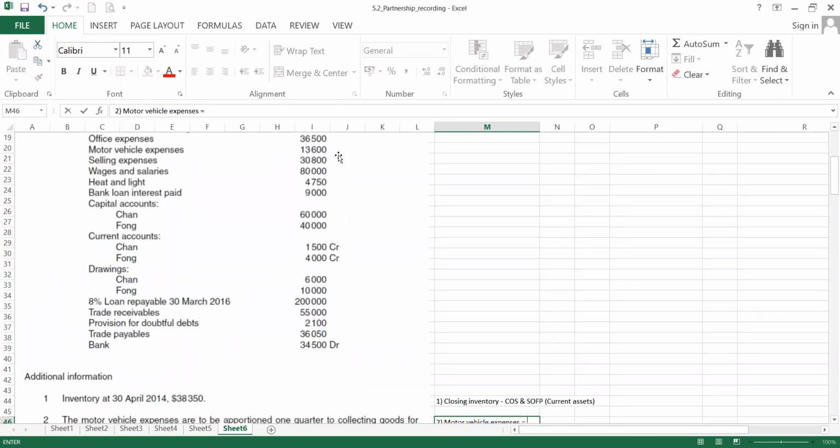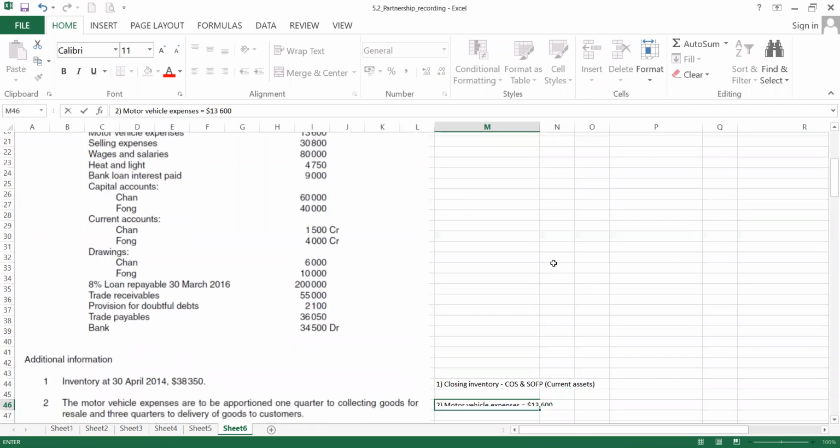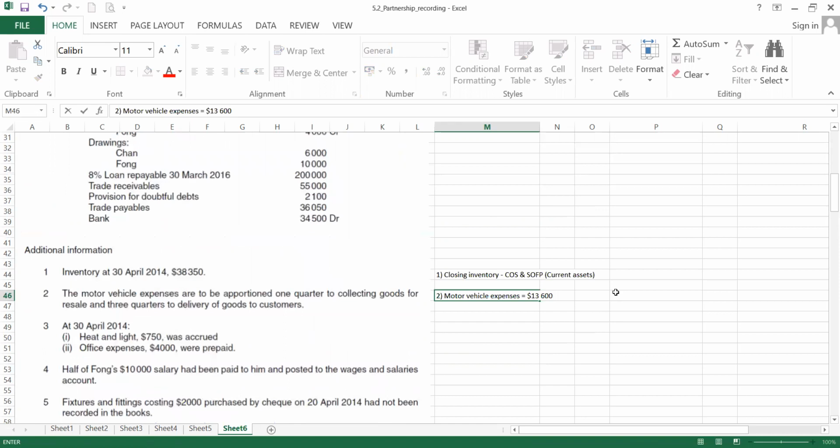Motor vehicle expenses 13,600. 1/4 means, let's calculate, 13600 divided by 4, which is 3,400. This 3,400 is under the carriage inward, which is under the cost of sales section.